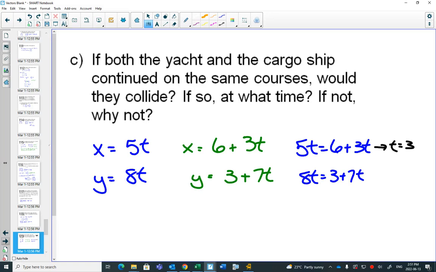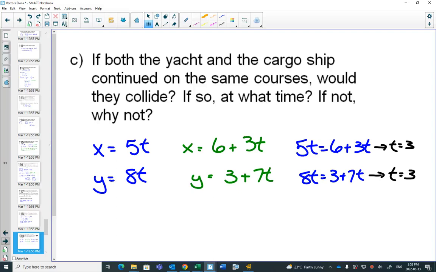Doing a little bit of mental math, we can solve in the first equation that t has to be 3. Can you see that the second equation is the same? If you got a different t value for those equations, then they wouldn't intersect. What it would mean is they would cross the same point, but at different times.